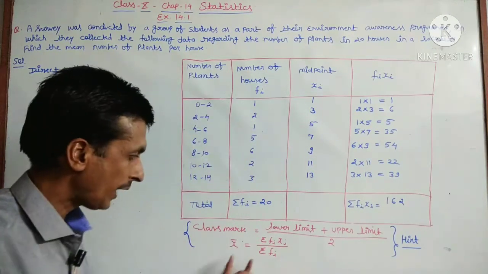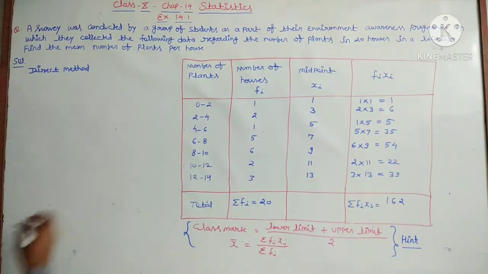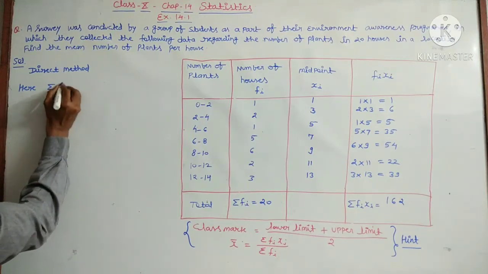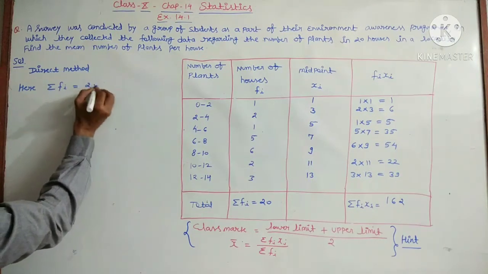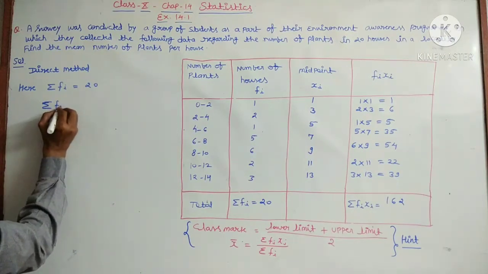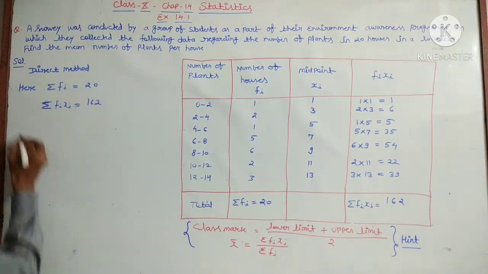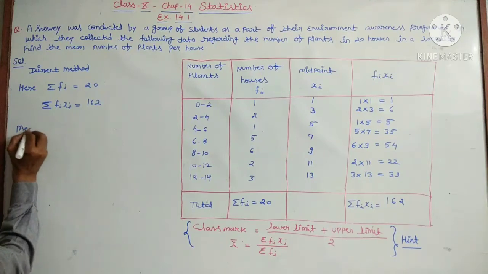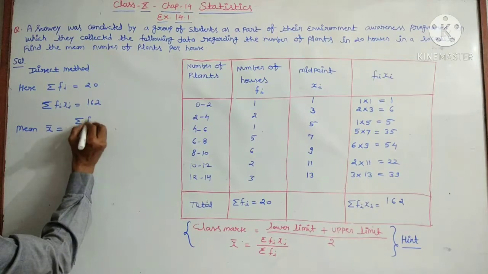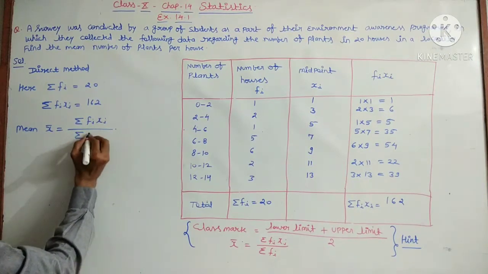The other formula we have is x bar, which denotes the mean. How to find it? You can see here summation fi is 20, and summation fi xi is 162. The mean formula is x bar equals summation fi into xi upon summation fi.